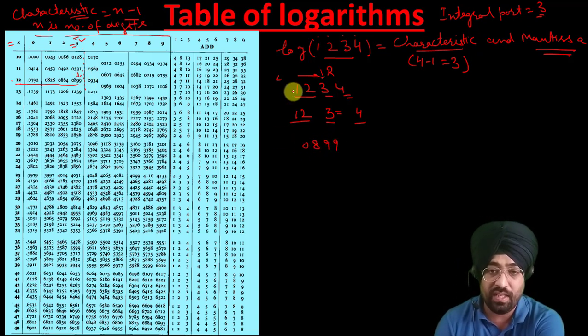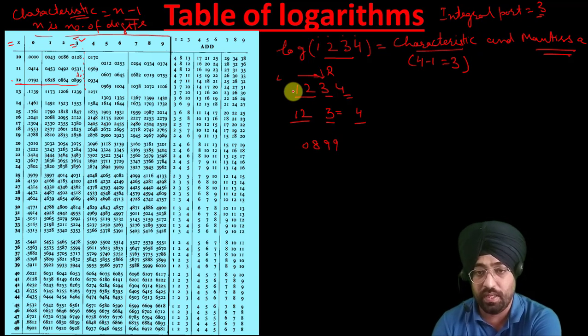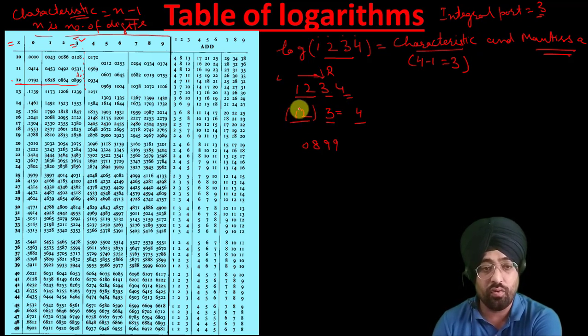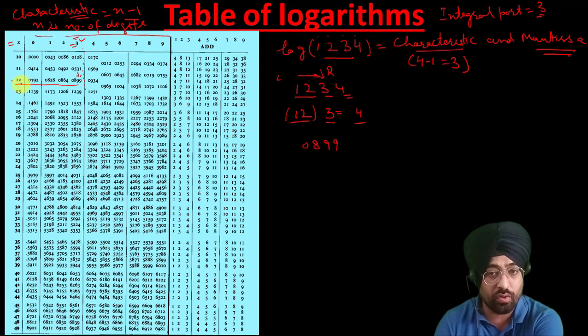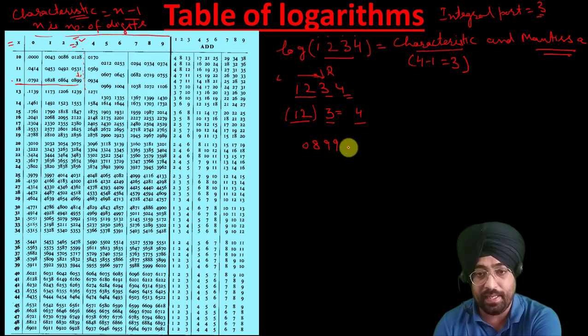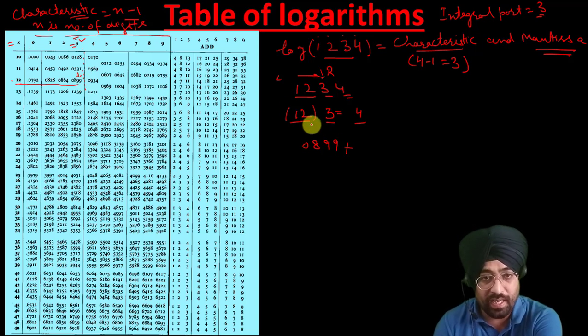So what we have seen is that we have just split a number into 3 parts: first 2 digits, then the third digit, then the fourth digit. Then we have seen the log of the first 2 digits, 12, in the third column. So its value was 0899 plus. Now here it is written add. Now we will take the help of this column.